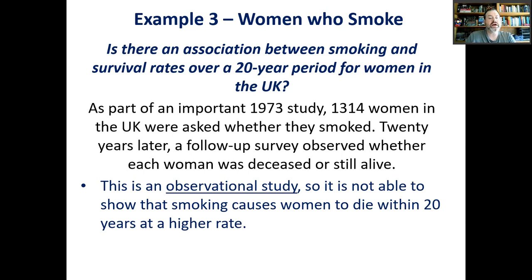This study is not capable of showing that smoking causes women to die within 20 years at a higher rate. Even though it might be true that smoking does cause that, this study was not capable of showing it because it was not able to manipulate the explanatory variable, which was smoking or not.